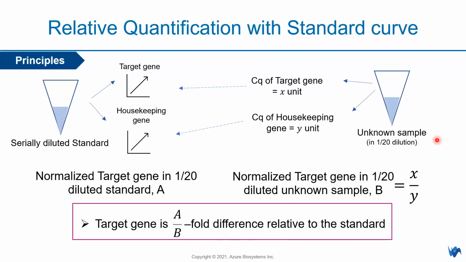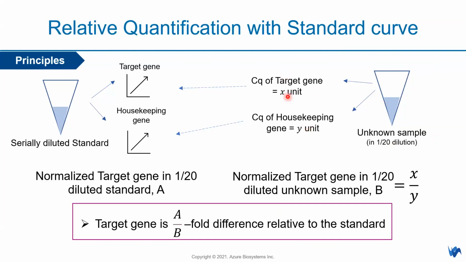For your unknown sample, you need to use the same dilution as the standard, the crude sample before the serial dilution. So here it will be the same dilution, 1 in 20. Then you do qPCR, getting the Cq value of your target gene and the Cq value of your housekeeping gene.